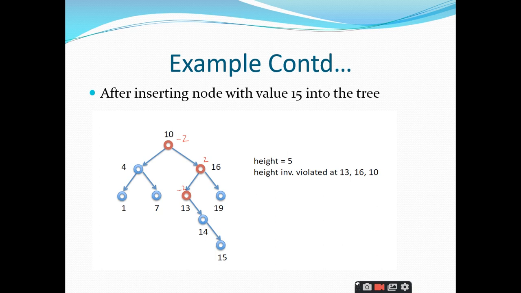Yes, sir. So we have two categories of rotations. Those are called single rotations and the second category is double rotations.